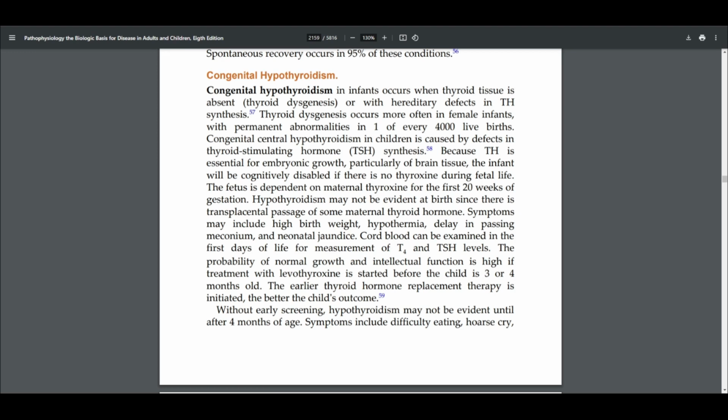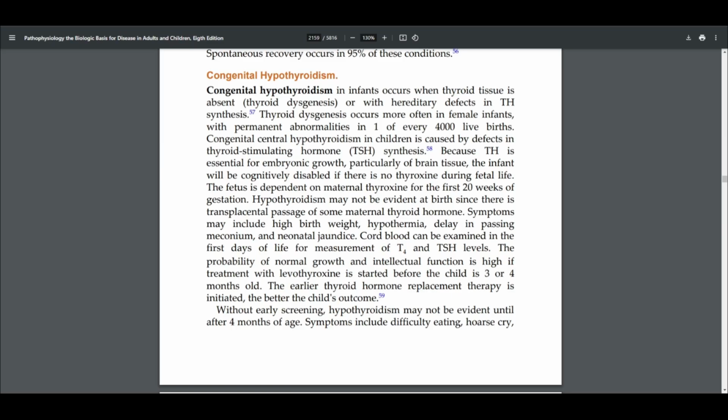Congenital hypothyroidism in children is caused by defects in thyroid-stimulating hormone synthesis. Because TH is essential for embryonic growth, particularly of brain tissue, the infant will be cognitively disabled if there is no thyroxine during fetal life. The fetus is dependent on maternal thyroxine for the first 20 weeks of gestation.